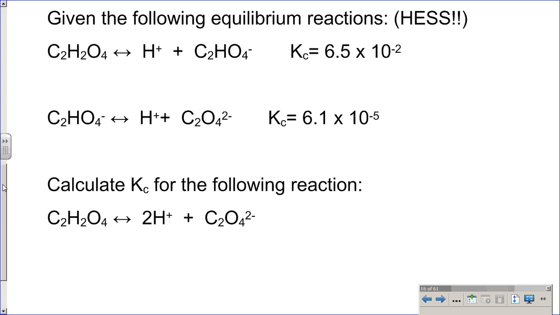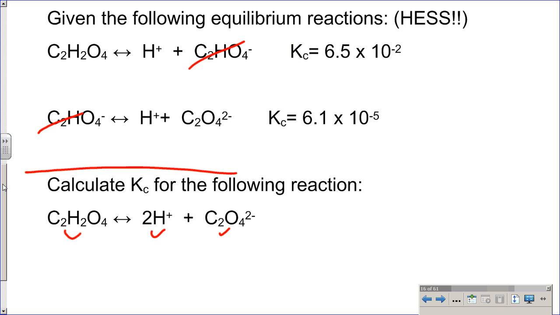When you add them up, you're going to be canceling left and right like Hess's law allows you to. Something that appears on the product side and the reactant side can be negated. So you can see that those two things are similar. Okay, so when you sum them, you see this equation, yes?